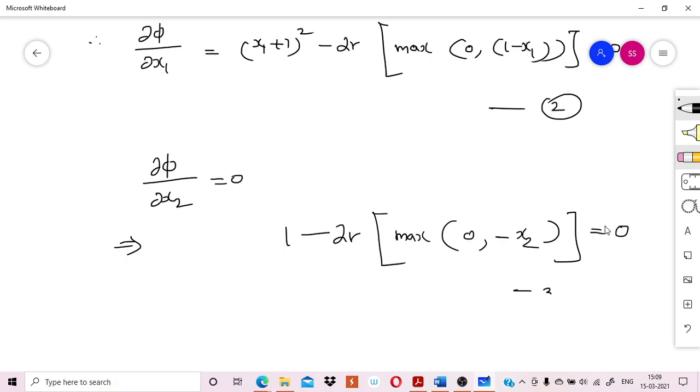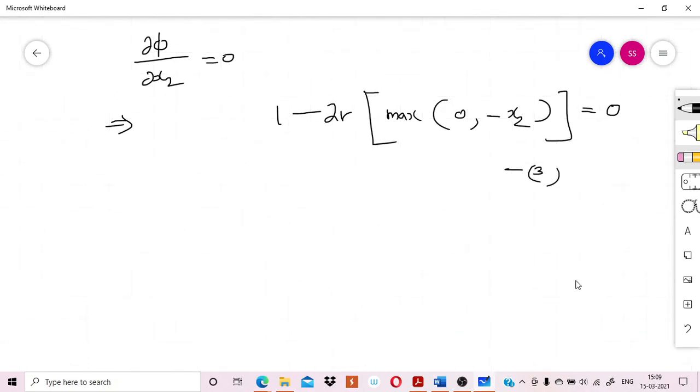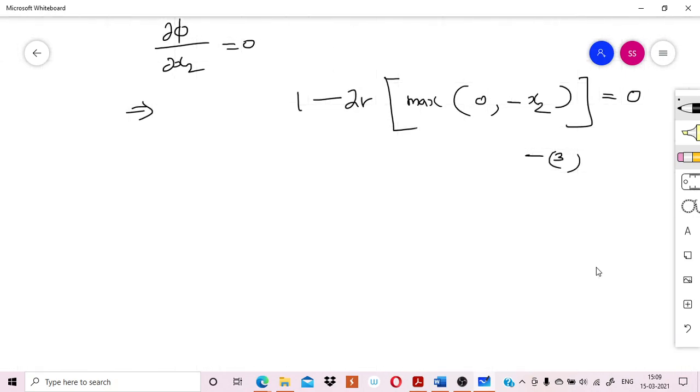So this is equation number 3. Now, these are my two necessary conditions for the optimality, in order to get the optimum solution, right?